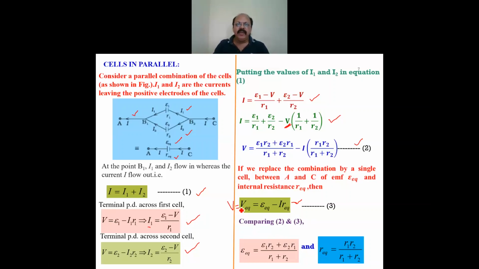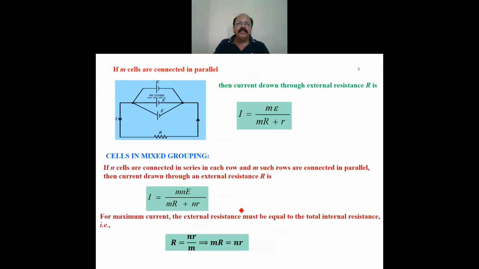Now in the same way as I explained for cells in series, how you can find out the current through the external resistance. So here we say that let m cells be connected in parallel. You can see in the diagram, these are the m rows and the cells are connected in parallel.